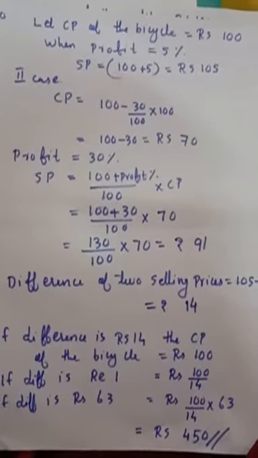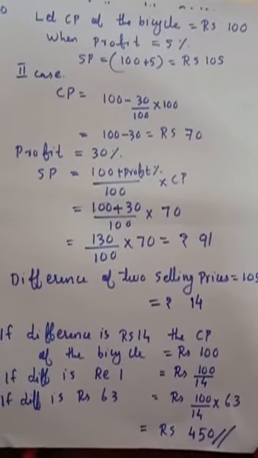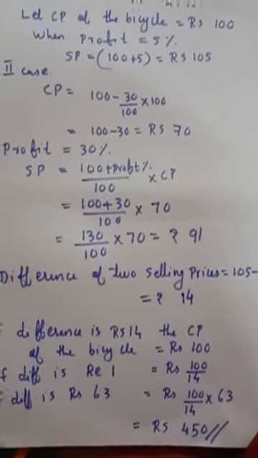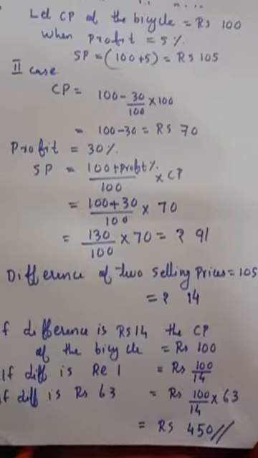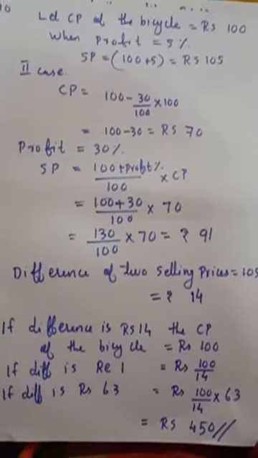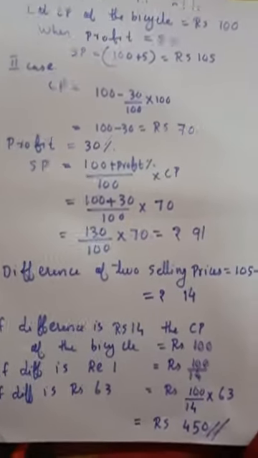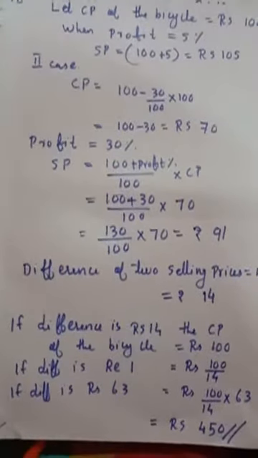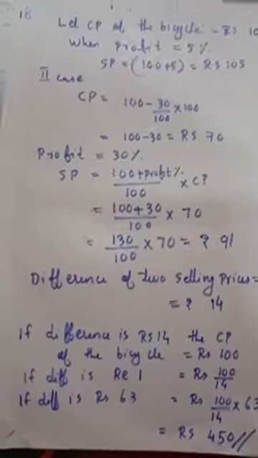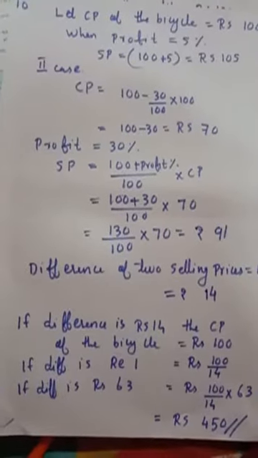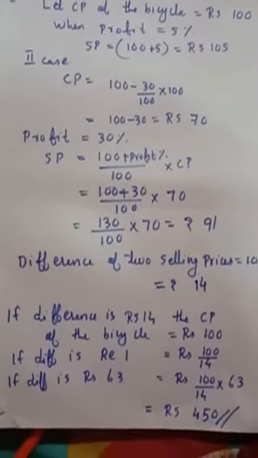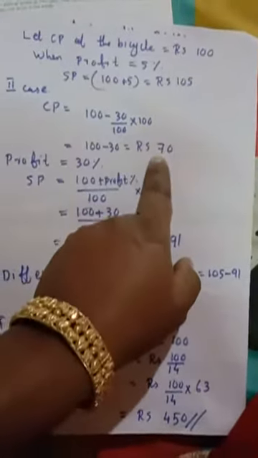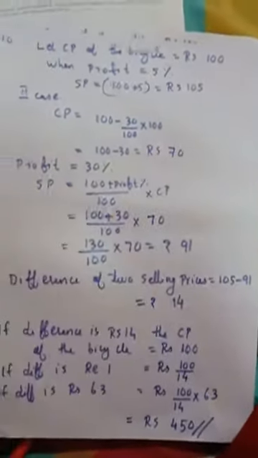We learned what percentage is in the previous lesson. So 30% less means 100 minus 30, that is 70 rupees. CP is 70 rupees. Then from this 70, the profit is 30%.